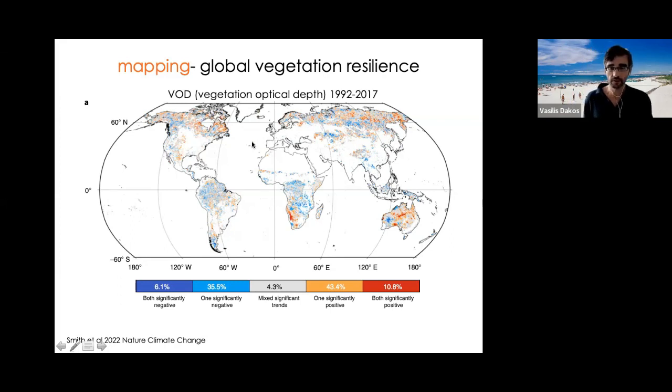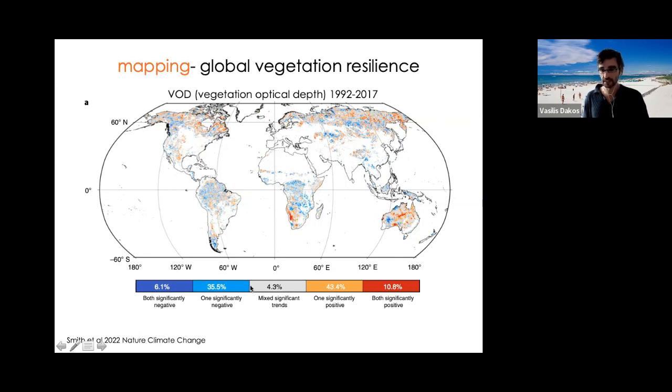And here what the authors did was look at global vegetation patterns of resilience. So they used the record from the last almost 30 years, and they indicated places where they found either that variance or autocorrelation has increased, or both variance and autocorrelation has increased. And here you see the different colors plotted in the map.